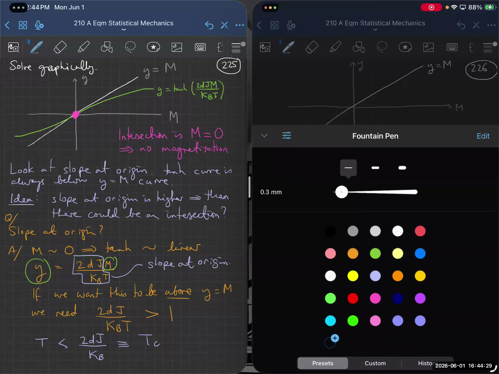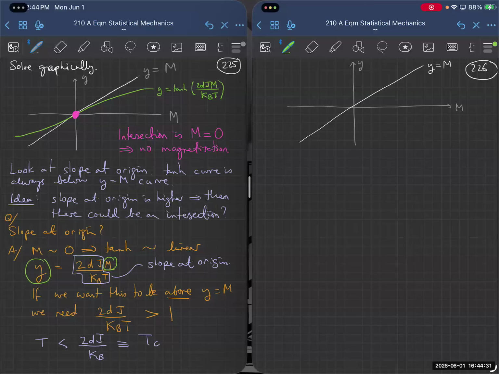And now let me draw the hyperbolic tangent curve. We've set it up so it has a slope at the origin greater than the slope of y equals m, but ultimately it's going to have to level off as a hyperbolic tangent.